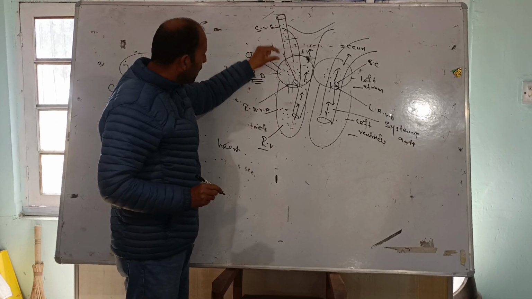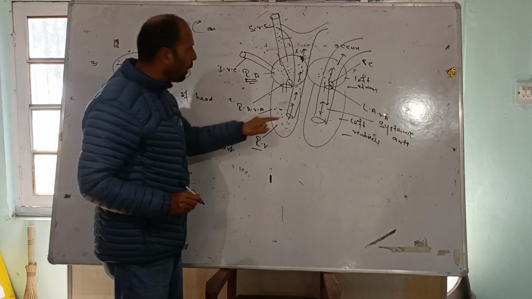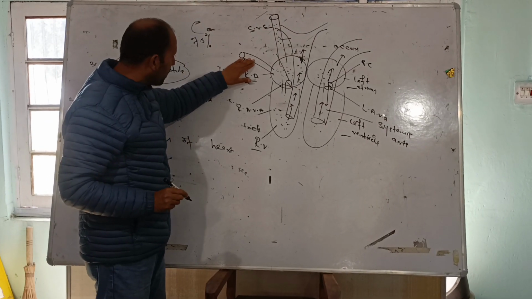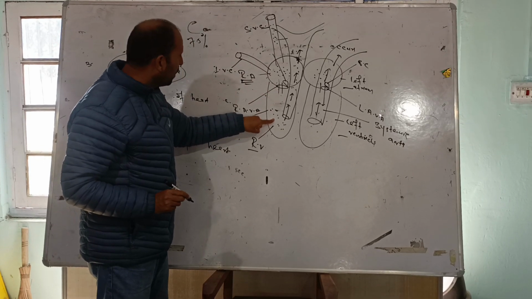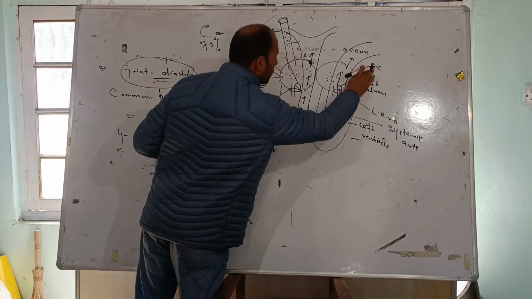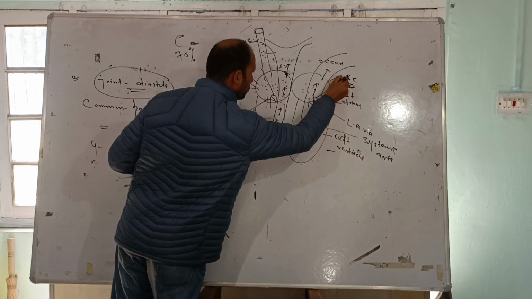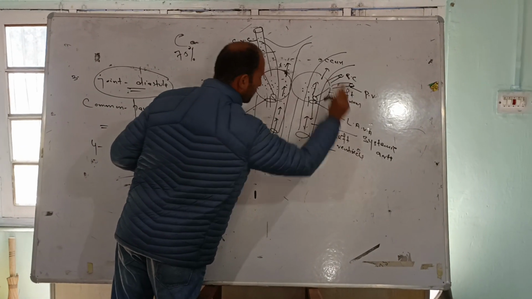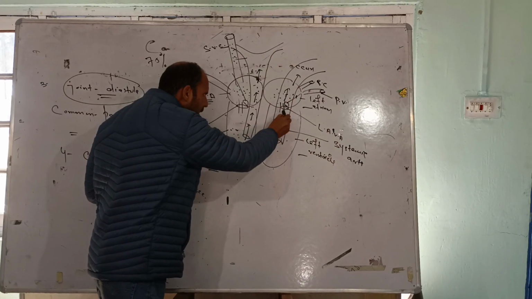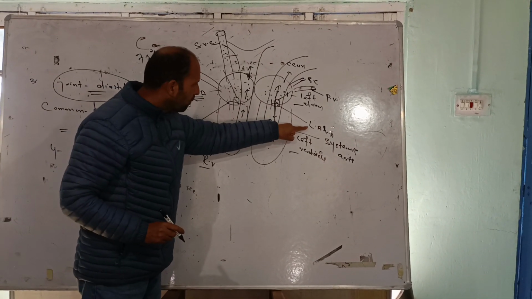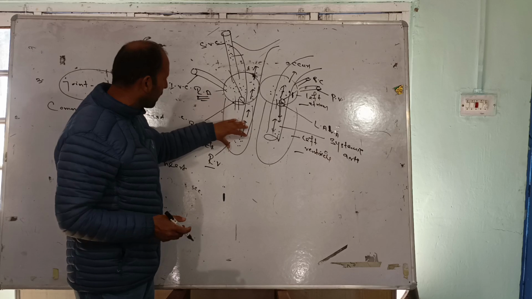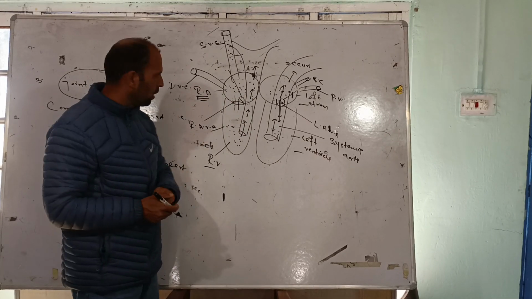So blood from the great veins goes directly into the right ventricle of the heart. 75% of the blood carried by the great veins, superior vena cava and inferior vena cava, directly enters the right ventricle through the auriculoventricular aperture. Similarly, the pulmonary veins carry oxygenated blood from the lungs into the left atrium, and it directly enters the left ventricle through the left auriculoventricular aperture.